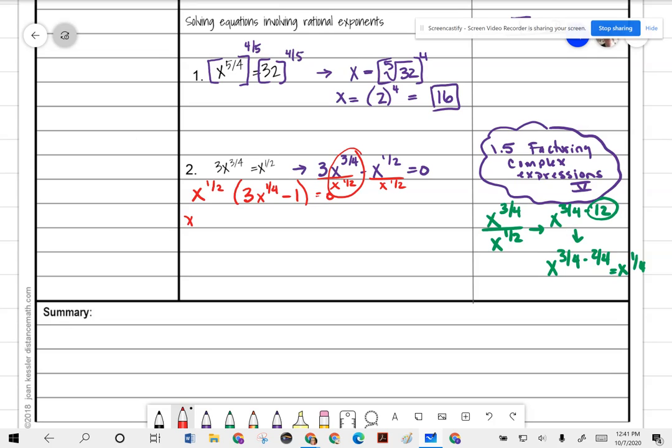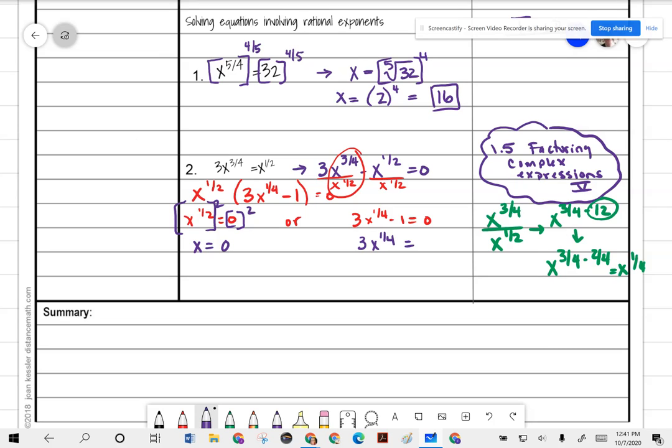And so now we can set each factor equal to 0 and solve. And again, you're utilizing the technique of the reciprocal power. So x is equal to 0 squared. So in that case, it's kind of obvious that x is 0. But in this case, let's go ahead and solve for x.